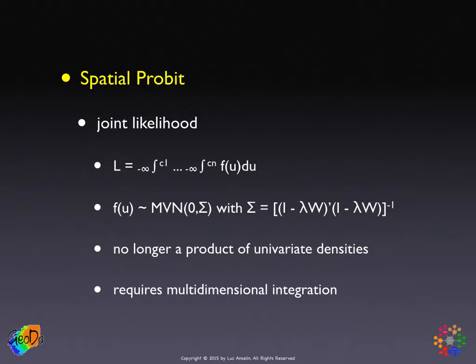Now, you may not fully appreciate what this means, but up till recently, it was impossible, even numerically, to evaluate a multidimensional integral of a multivariate distribution for more than a handful of dimensions, like less than 10.